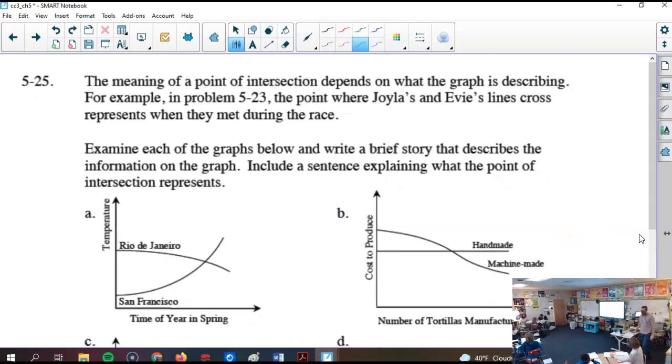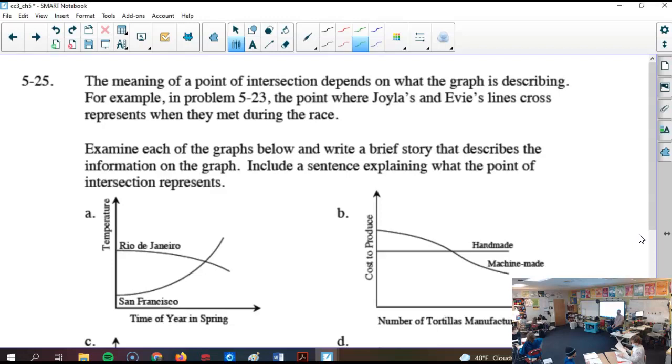Alright, so why? Not y as in y equals, but why. The reason we care about the point of intersection is most of the times that we're dealing with situations like this, it's a really important point.